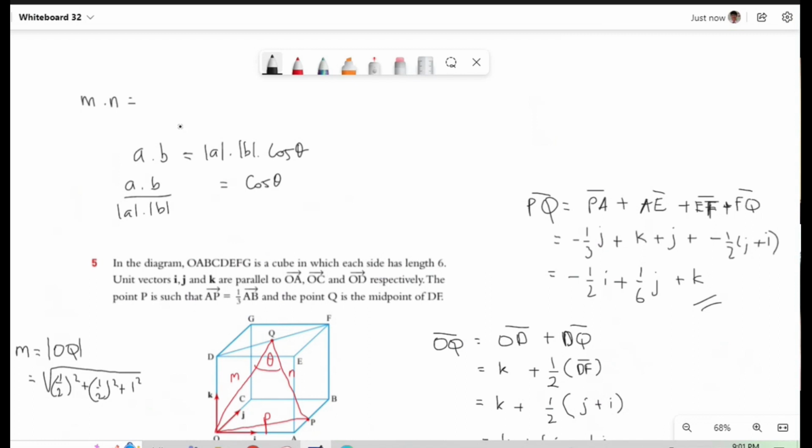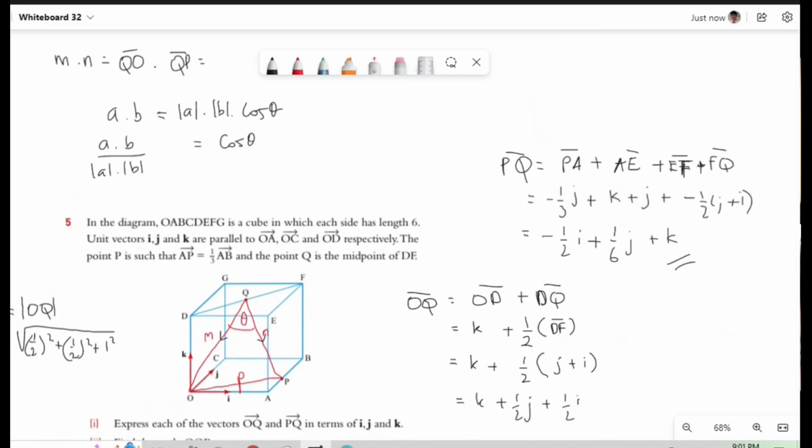So a dot b, or m dot n, according to the dot product, firstly we need to find the vector m, or the vector OQ, and we already got it in the i part. So m, the direction is QO, times QP.